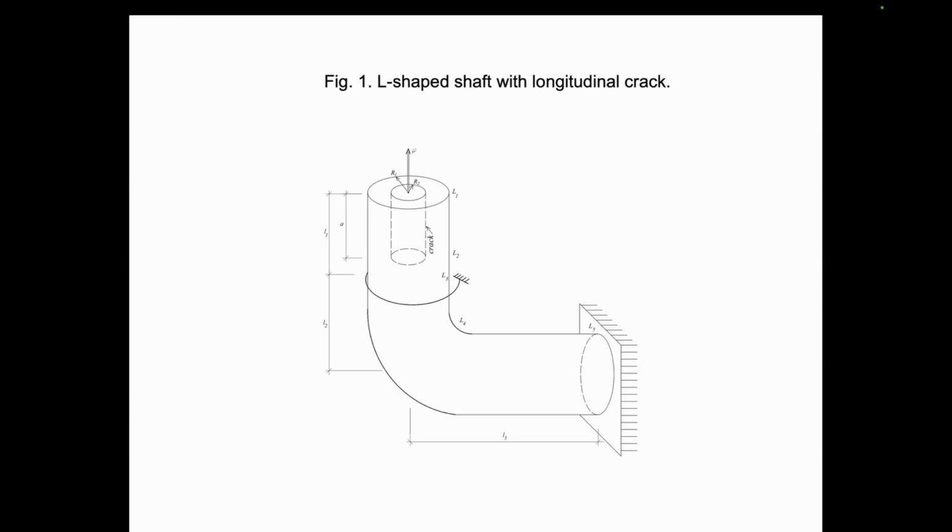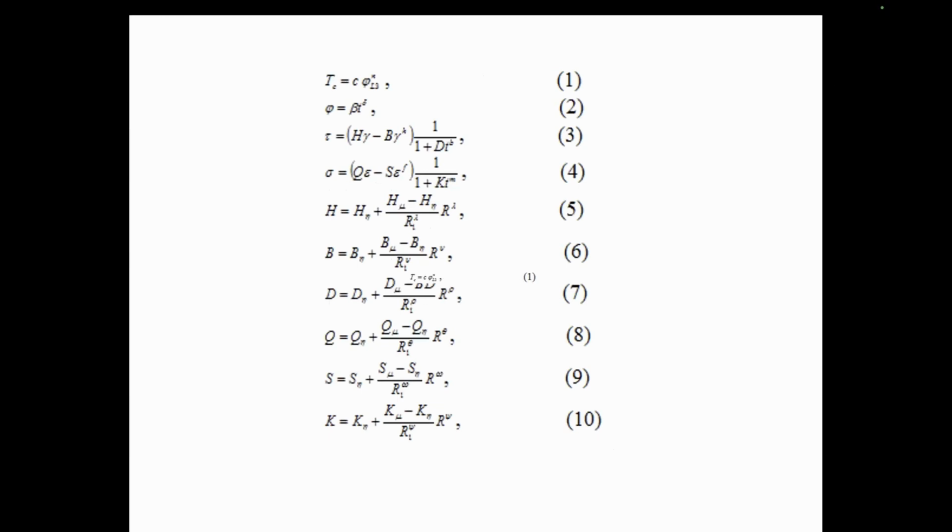This spring has non-linear elastic behavior that obeys the physical law number 1. In formula number 1, Tc is the moment in the spring, C is the spring constant, N is a parameter, phi L3 is the angle of twist of section L3.